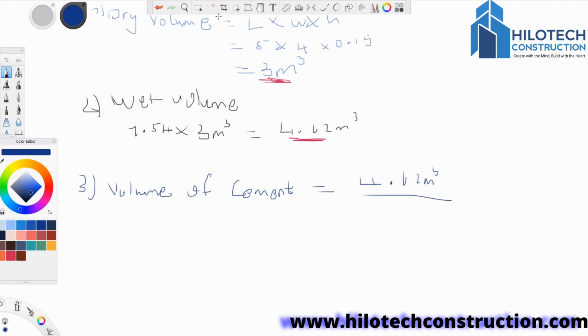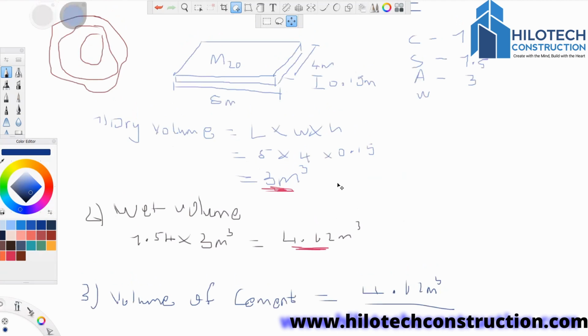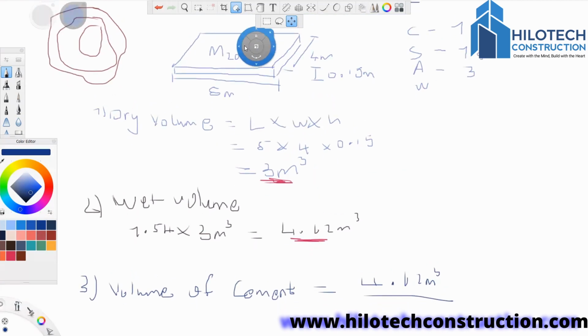Now, the proportion is going to be with respect to the grade of concrete that you are looking at, and in this case, we're working with M20, and you see the proportion up here: 1 part of cement, 1.5 parts of sand, and 3 parts of aggregate. So that is going to be divided by 1 plus 1.5 plus 3.